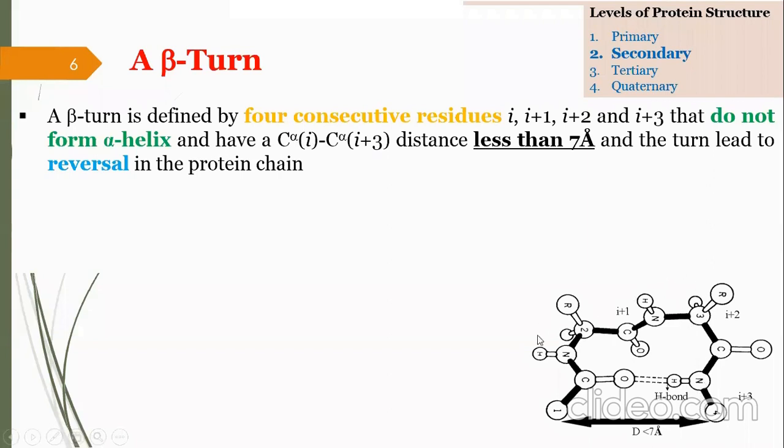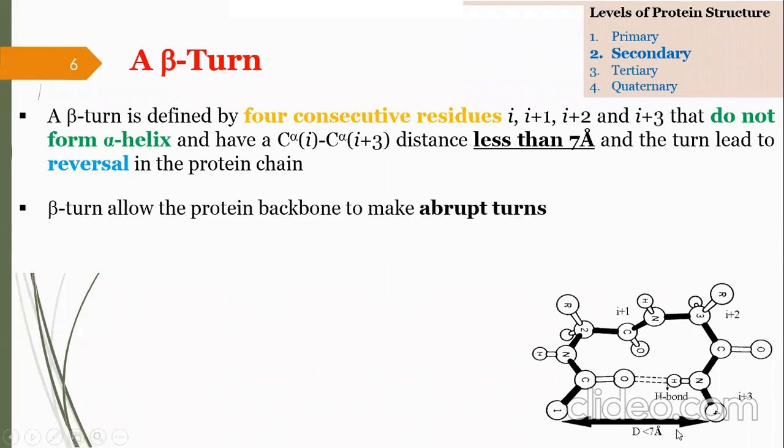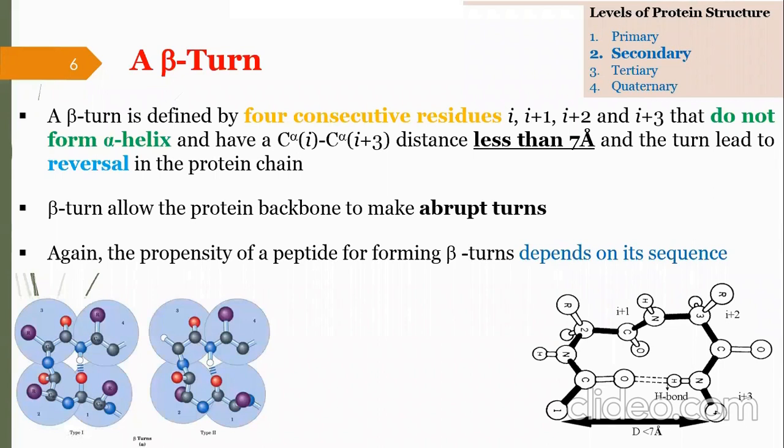The turn leads to a reversal of the protein; here you can see the protein reverts back on itself. Beta turns allow the protein backbone to make abrupt turns, so that is called a beta turn. Again, the propensity of a peptide for forming beta turns depends on its sequence. Am I clear up to now?